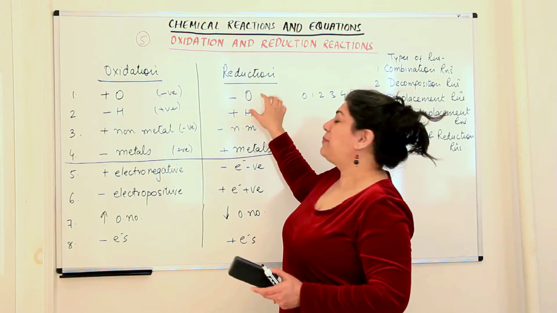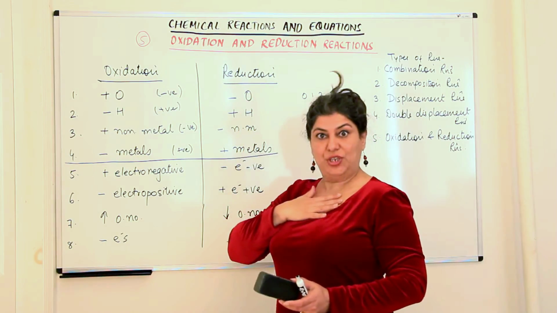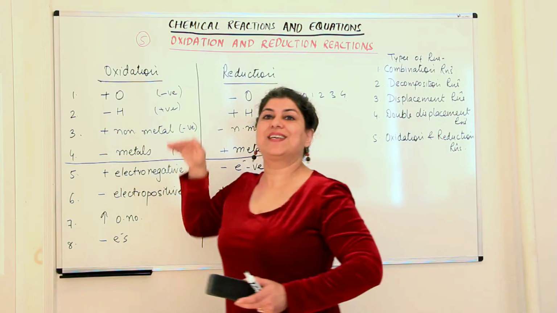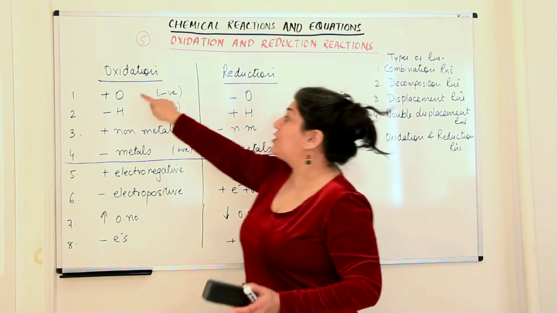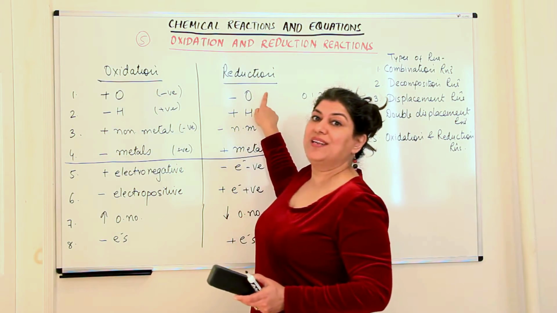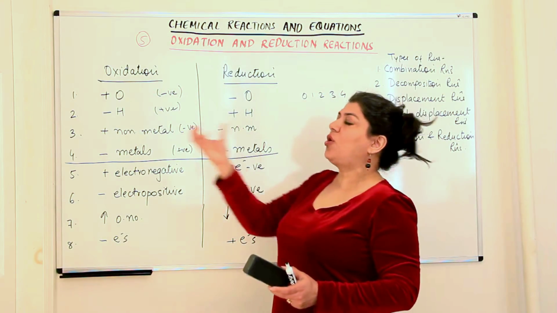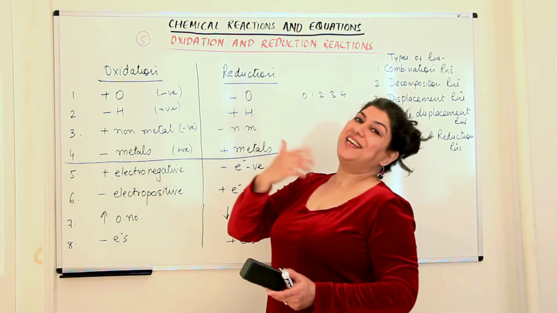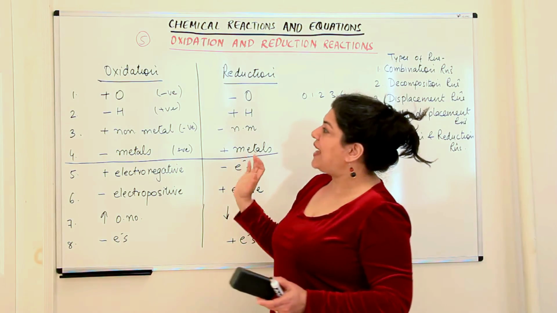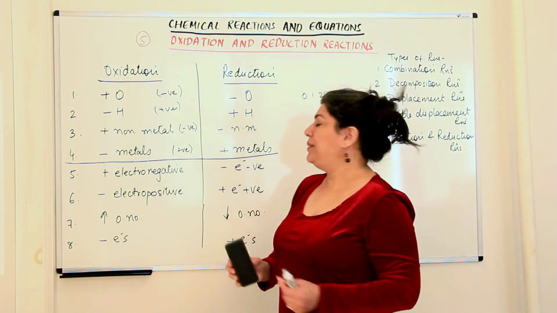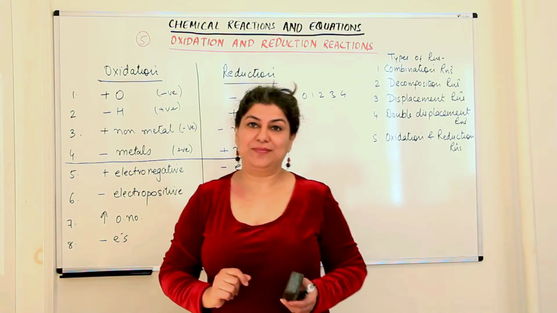The substance which itself got reduced in order to oxidize the other substance is called the oxidizing agent. The one that caused the oxidation, and itself got reduced, would act as the oxidizing agent. Let me take these examples and explain it to you well.